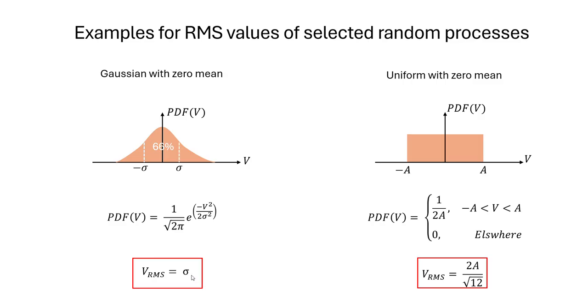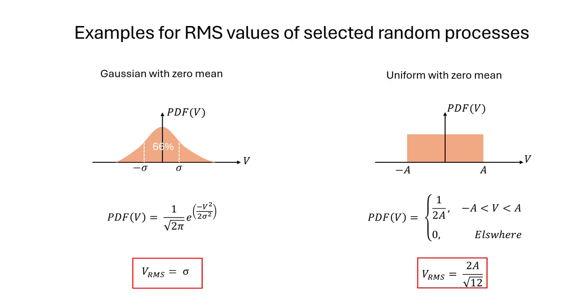Another useful example is a uniform PDF with zero mean. The statistical nature of quantization noise in an ADC or alternatively a D2A has a uniform PDF.